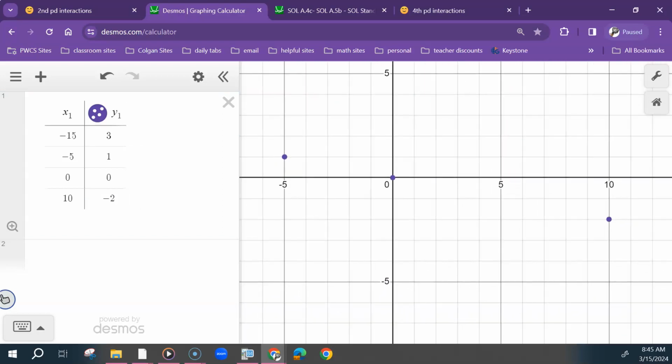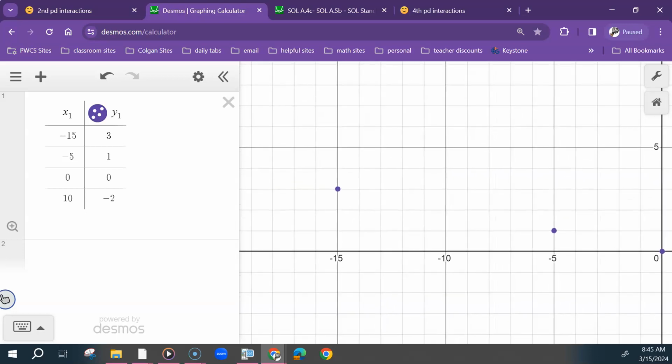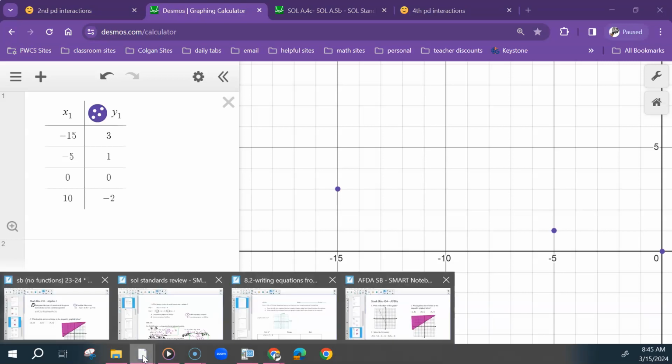It is going through the origin at 0, 0. If I were to count the constant, if it's the same throughout all of these points, then I know it's going to be direct. So if I go from this point to this point, it's down 1 to the right 5. If I go down 1 to the right 5, again, I do end up at that point. If I do it the other way, up 1 to the left 5, this would make a line. So it is direct.